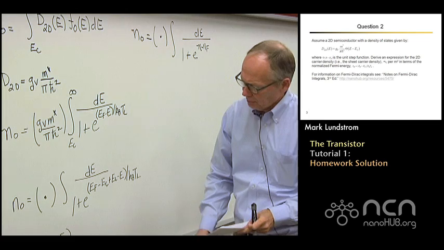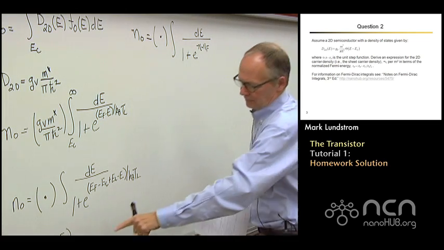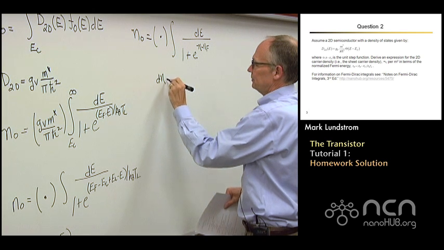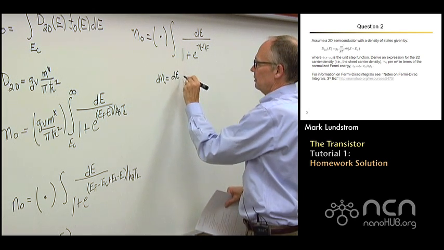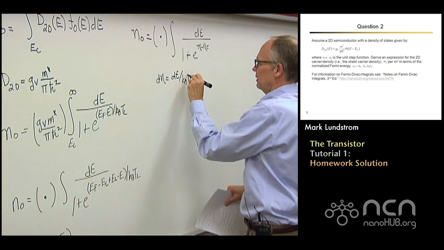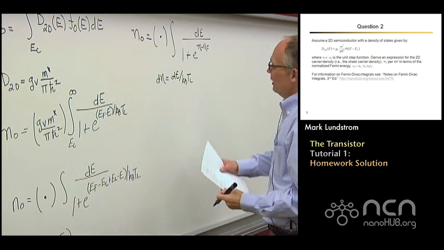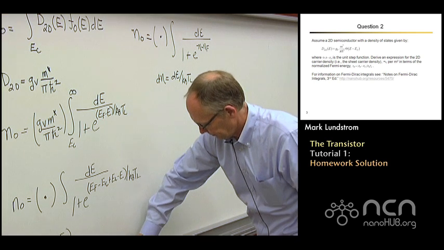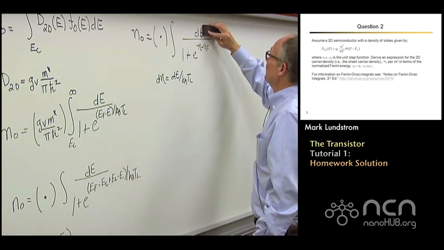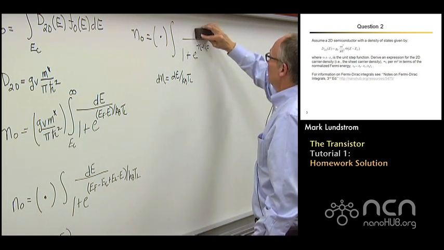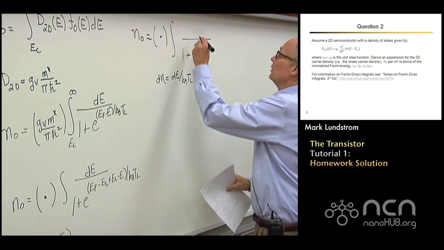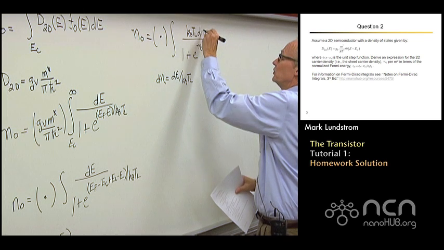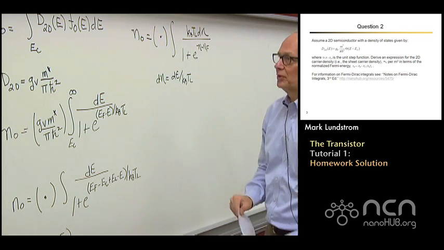If I do a change of variables, using my expression for eta, I see that d eta is dE divided by kBT. So dE is kT times d eta, and I can write the numerator then as kT times d eta, and now everything is in terms of eta.